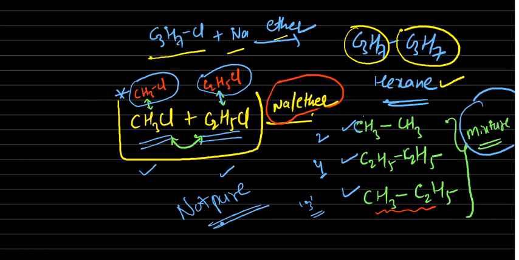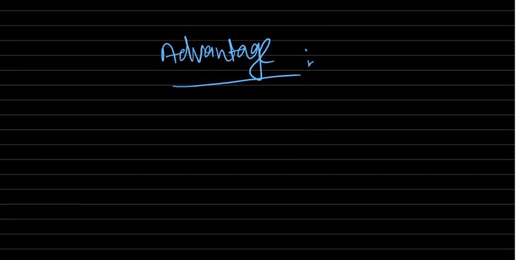This is about the Wurtz reaction, advantage and disadvantage. The advantage is we can prepare long chains.